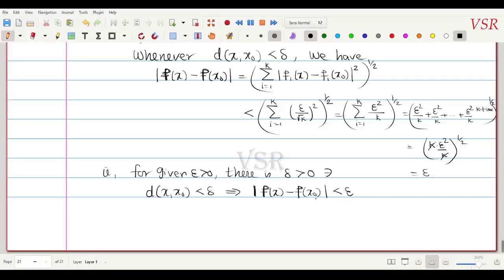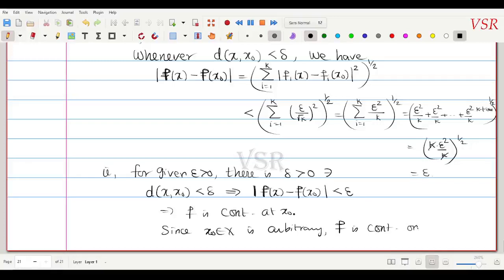This implies that f is continuous at x naught. Since x naught belongs to capital X is arbitrary, we have f is continuous on capital X. So we have proved both conditions.